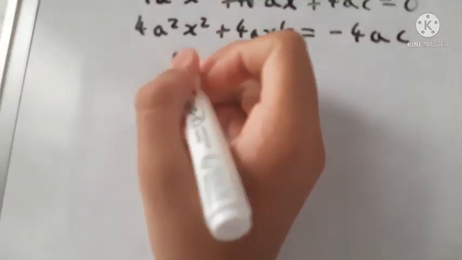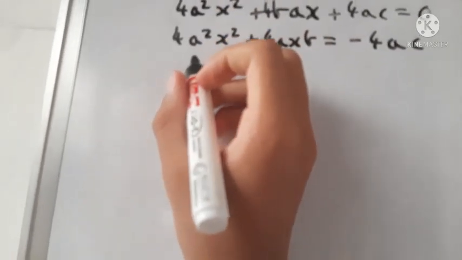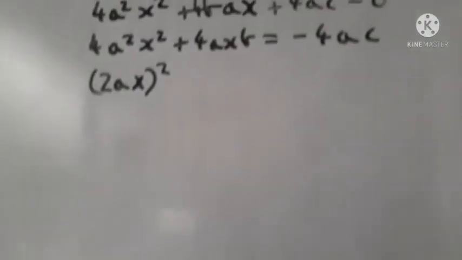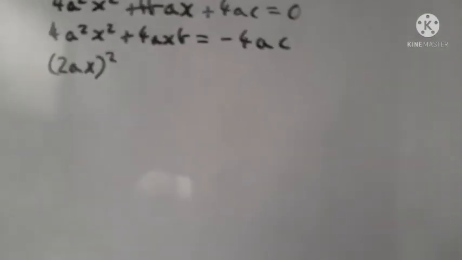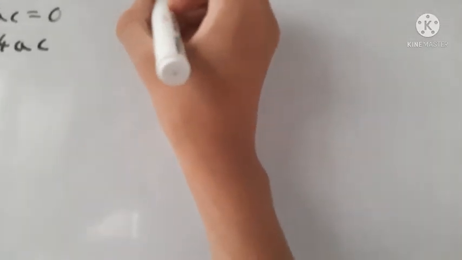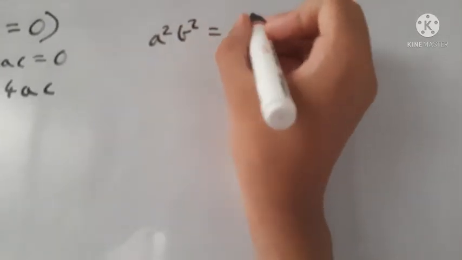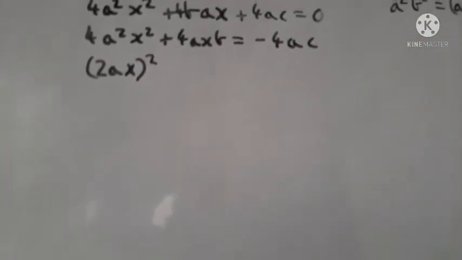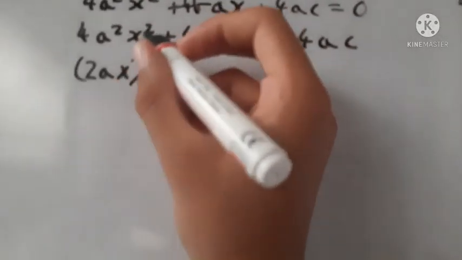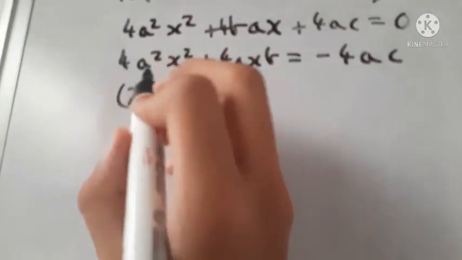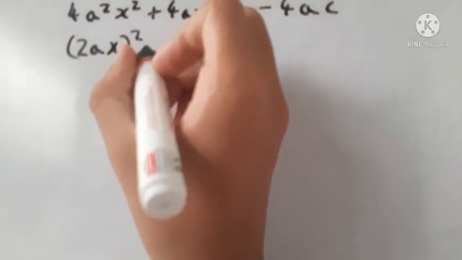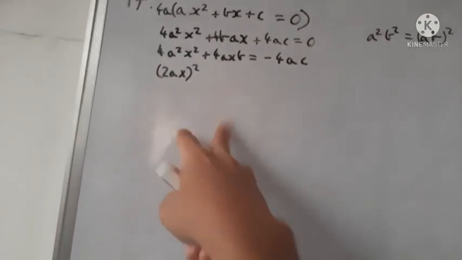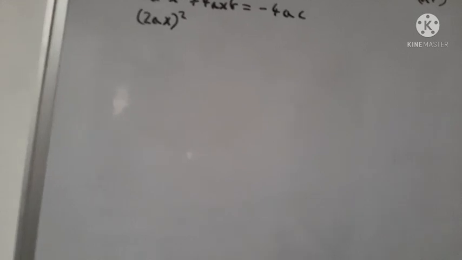We have 4a squared x squared, and we can write that as 2ax whole squared, because a squared b squared can be written as ab whole squared. That's what we're using here, because this is 2 squared. What we're trying to do is make the entire left hand side a perfect square.